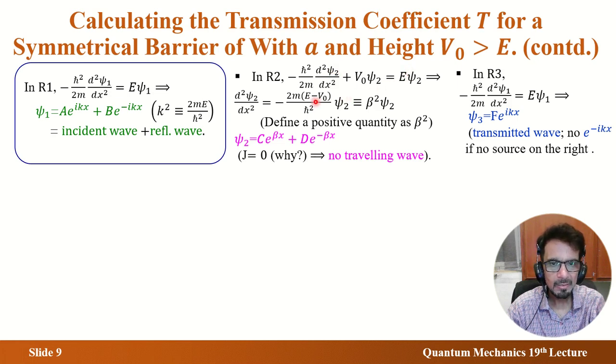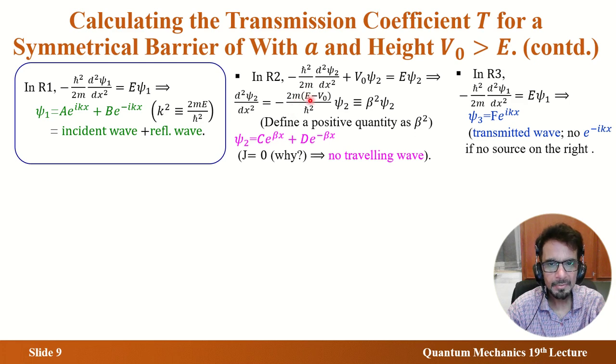But remember, there was one crucial difference. If you remember, you are doing physics. In the previous case, when I had E and V0, I kept the minus separate, and the remaining quantity I called K2 squared. And that was useful in physics because it is positive. But this time, is that quantity positive?